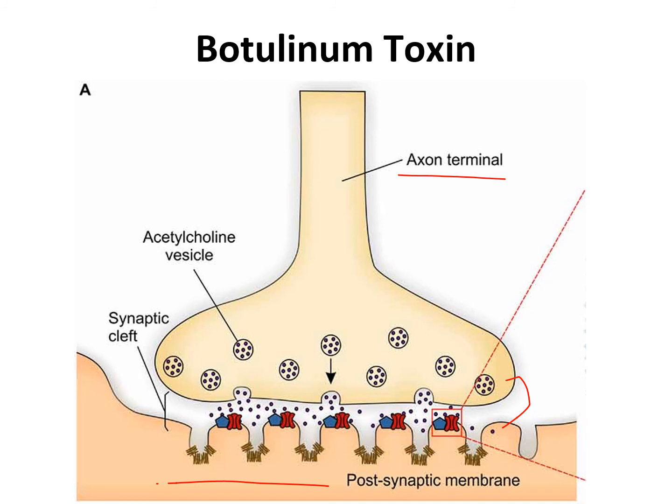And what the neuron does is it releases neurotransmitters, acetylcholine, which will bind to receptors and stimulate a contraction in the muscle cell. Well, what botulinum toxin does is it prevents this from occurring.